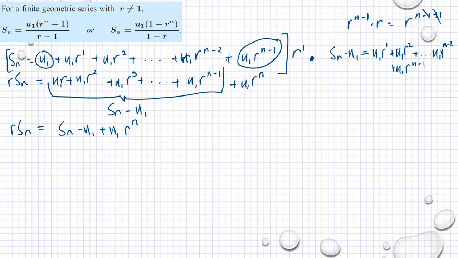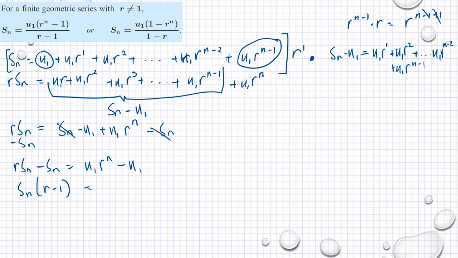If we subtract both sides of the equation by s sub n, so we have r times s sub n minus s sub n is equal to, this is 0, you have u sub 1 r raised to n minus u sub 1. I interchange the position. Common factor is s sub n. We have now r minus 1.